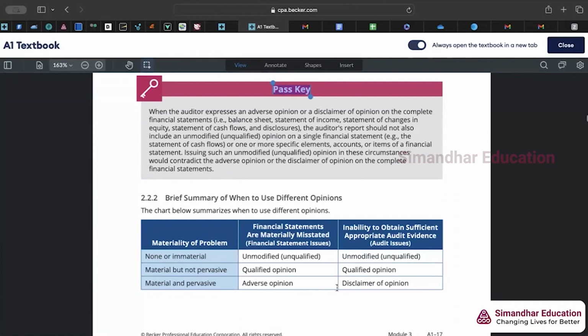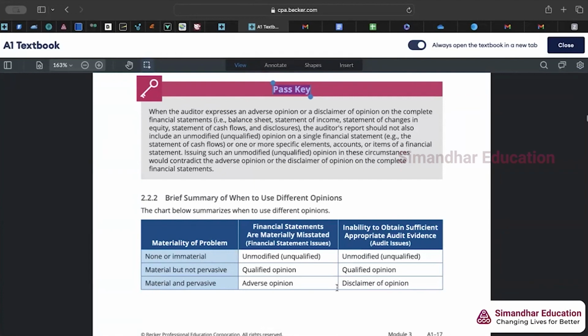Okay. When we are giving an adverse opinion or a disclaimer of opinion on the financial statements, we cannot give a clean opinion on a single set of financials. What does your complete set of financial statements include?